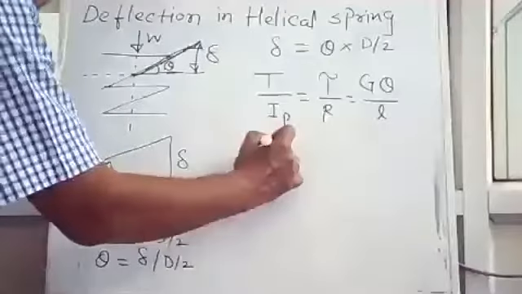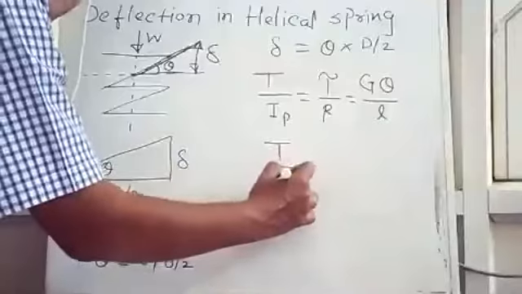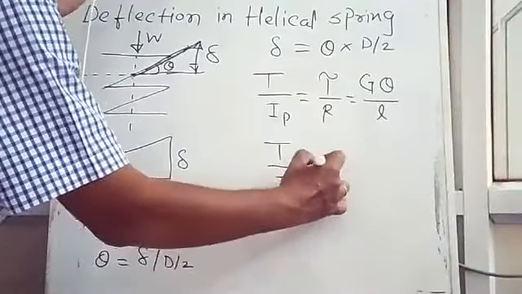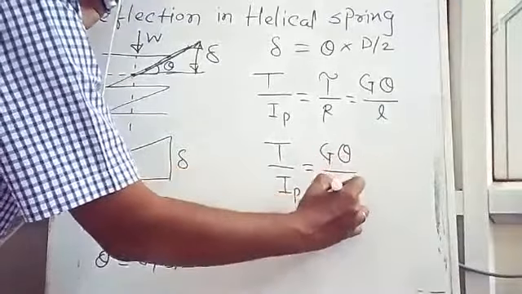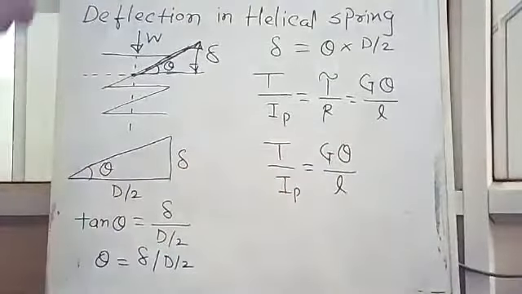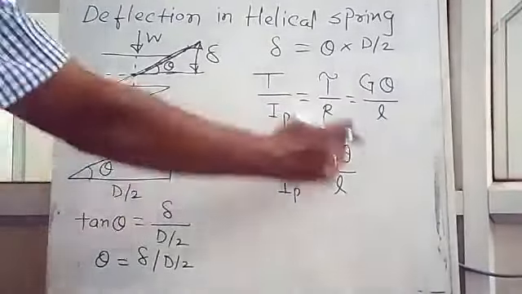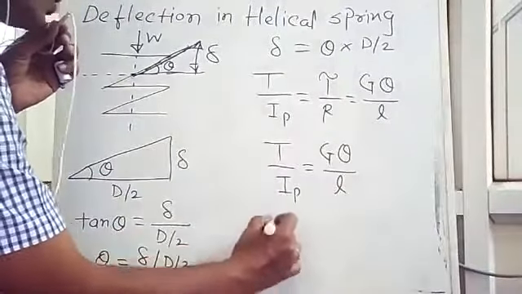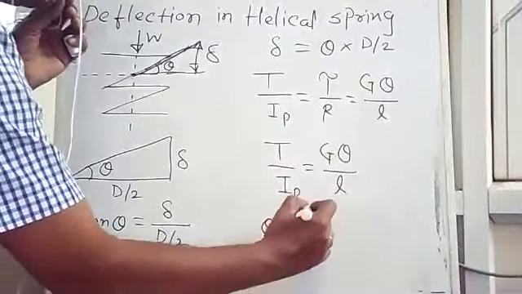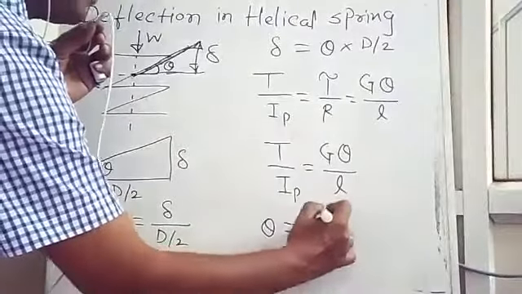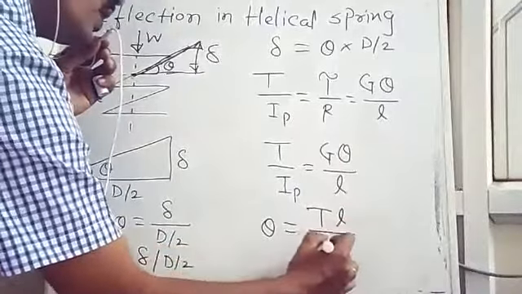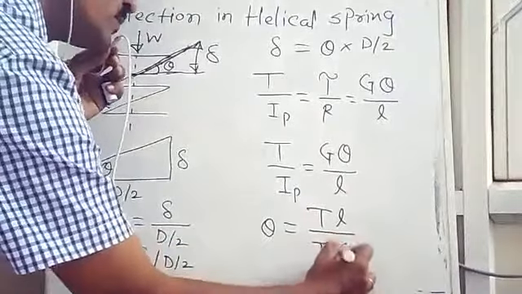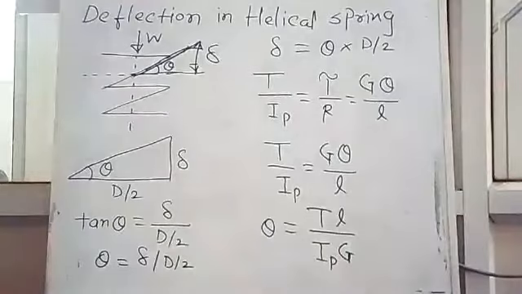So that means we can use this relation for relating our theta with torque. So from this relationship, we can say that theta equals to, if I put here everything, T into L divided by IP into G. Okay.